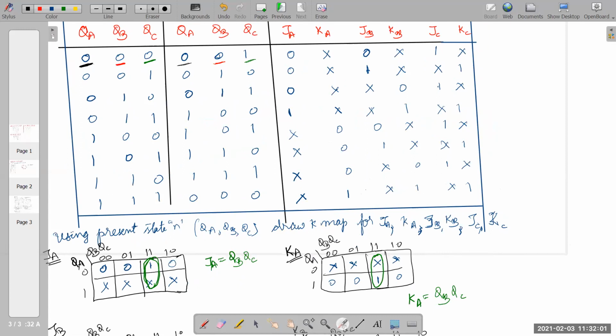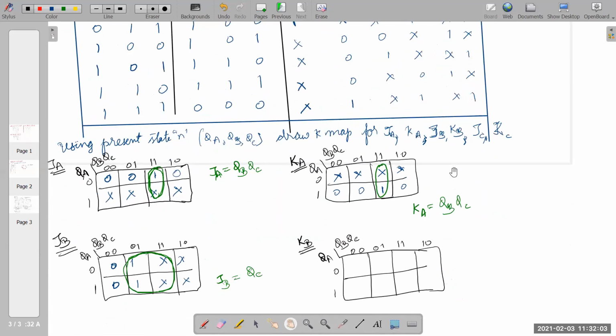So it should be XX10, XX10. I can group it this way. These 4 I can group, corresponding to KB is equal to QC.